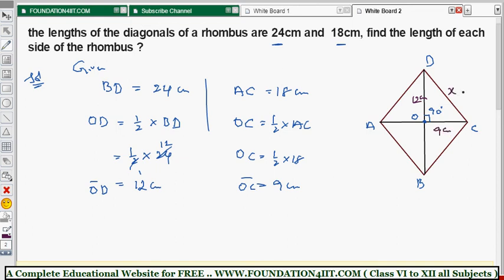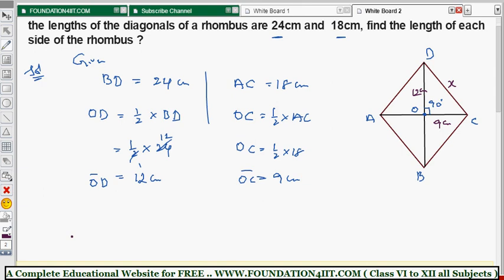Let CD be X. Now this is a right angle triangle. The length of each side of the rhombus is X. From triangle OCD, according to the Pythagoras theorem, hypotenuse square, X square, is equal to the sum of the squares of the other two sides, that is 12 square plus 9 square.